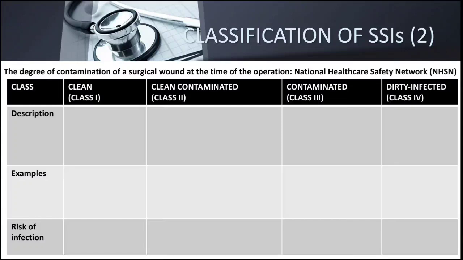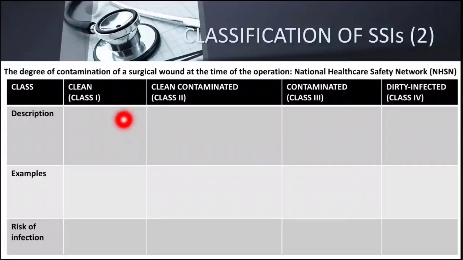The degree of contamination is a risk factor, as you are going to see later in part two. According to the level of contamination, we have 4 classes: clean wounds, clean contaminated, contaminated, and dirty infected, which are class 1, class 2, class 3, and class 4.